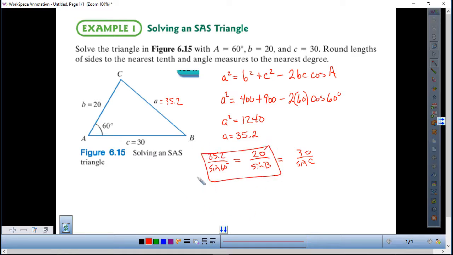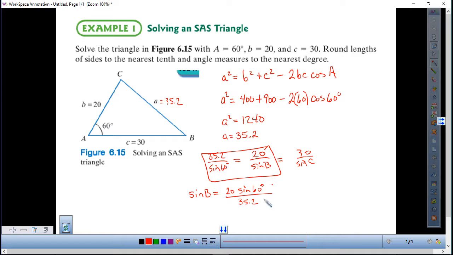When we do a cross multiplication, we're going to get 35.2 times sine B equals 20 times sine 60. So 20 times the sine of 60, then I'm going to divide by the 35.2.